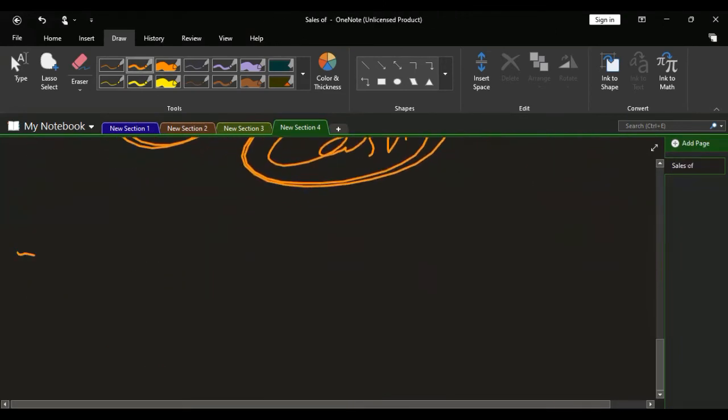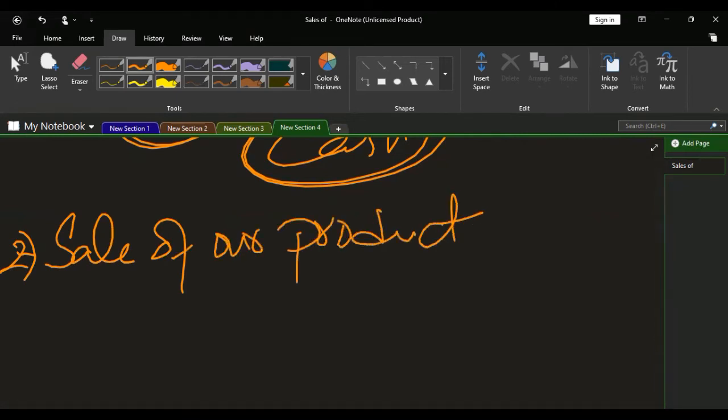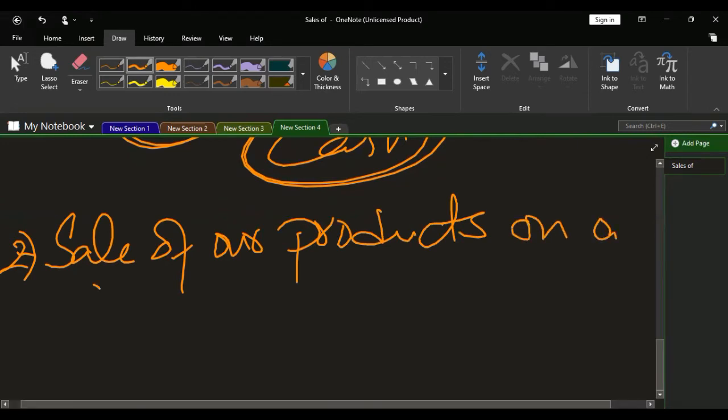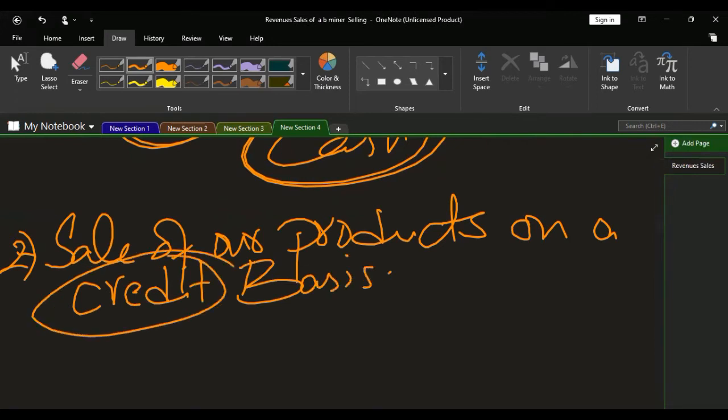The next example is the sale of our products on a credit basis. Credit means that the customer has agreed with us that he will pay for the goods he has purchased from us at a future date or a specific time period.